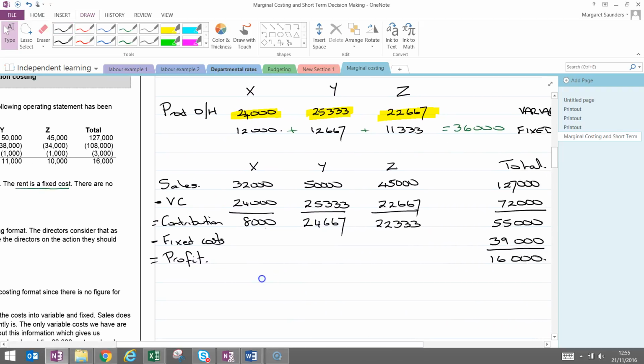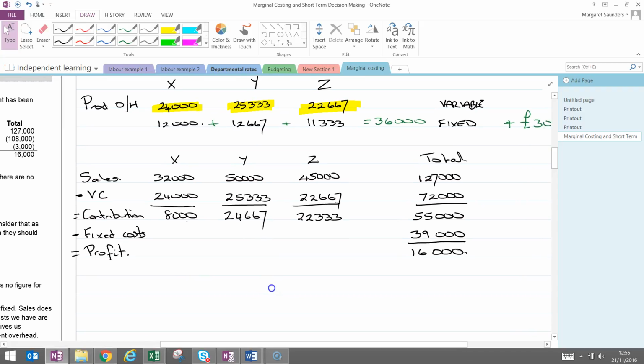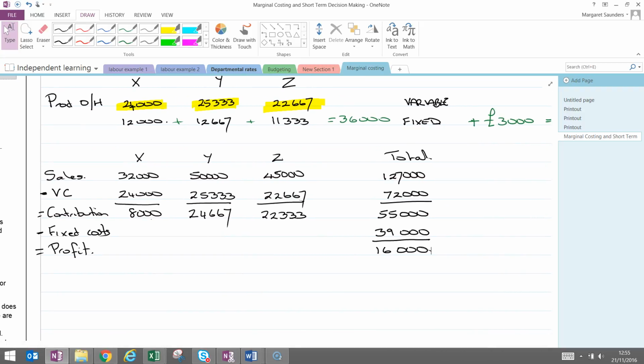Instead we treat our overheads, which are our fixed costs, as a period cost, deduct them from the total contribution. Do not deduct fixed costs from individual contributions. So that is a really important point. Always deduct your fixed costs from your total contribution. So there's our marginal costing statement.